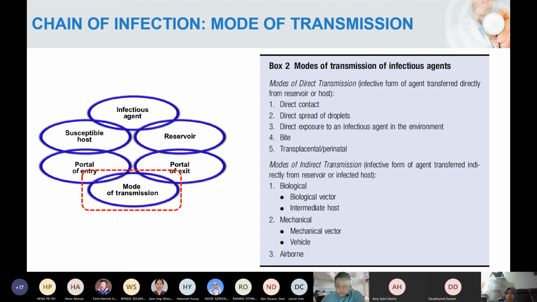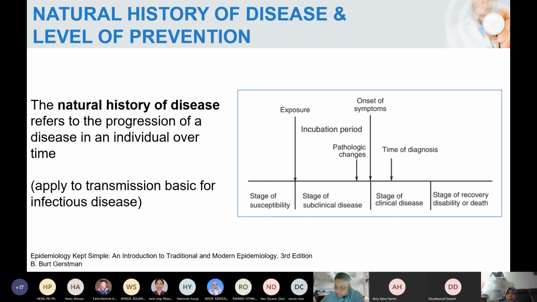It can also be airborne. So we leave the chain of infection for now. You go back to the transmission basics just now. It also applies to the natural history of disease and its relation to level of prevention. You can read through this book I mentioned just now, Epidemiology Kept Simple.